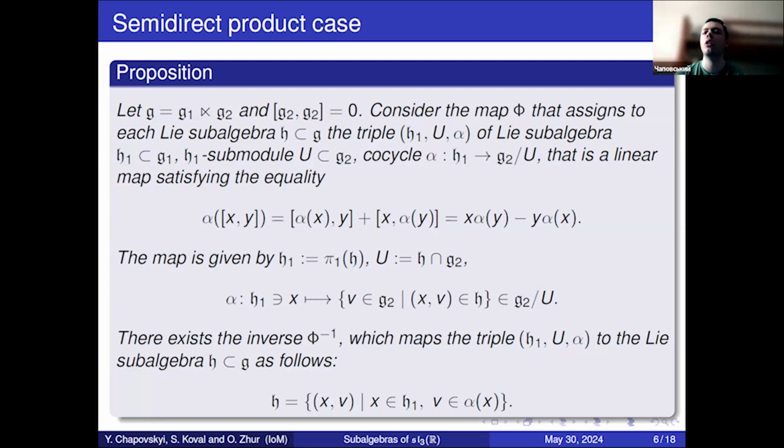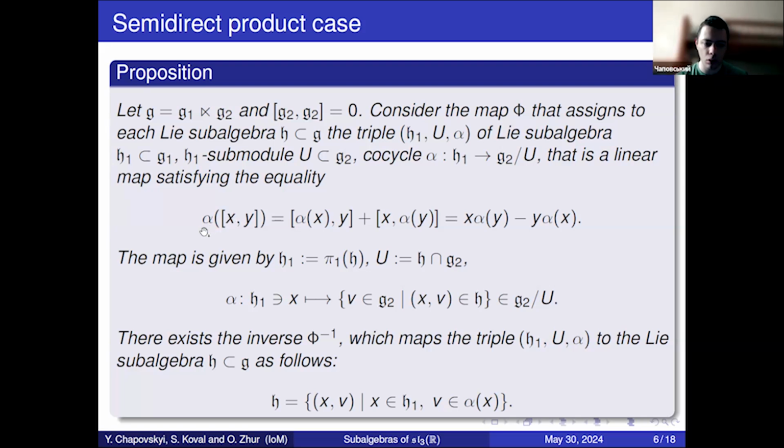This proposition gives us a bijective correspondence which maps any Lie subalgebra H of the semi-direct product of G1 by G2 to the triple H1, U, and alpha, where H1 is a subalgebra of the first summand G1, U is an H1-submodule in G2, and alpha is a cocycle from H1 to the factor module G2 by U.